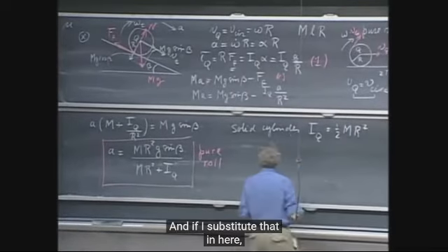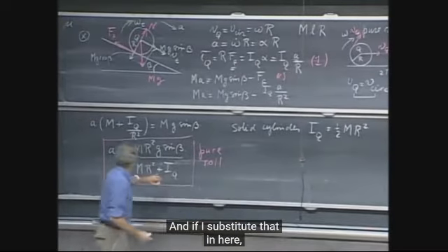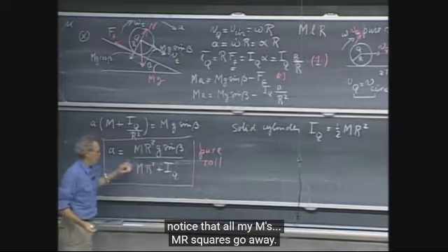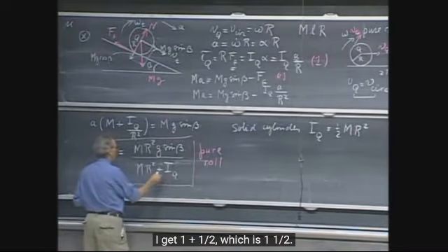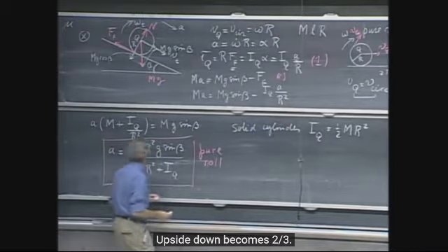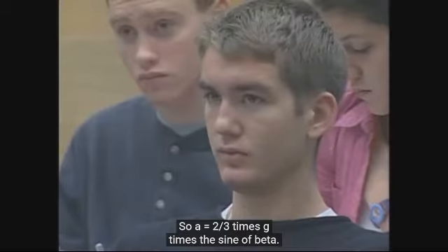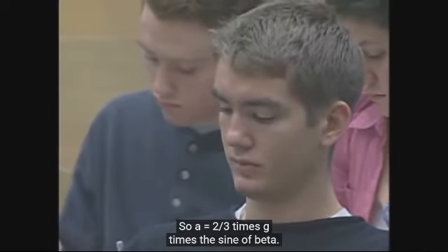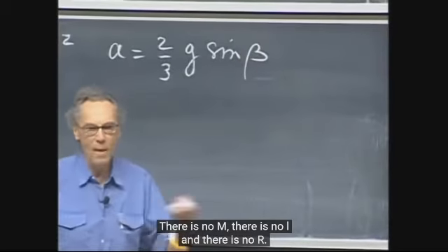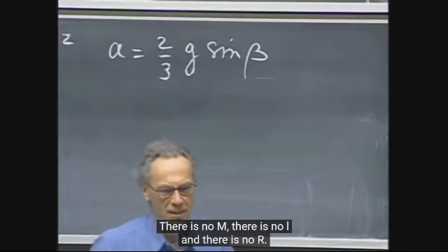And if I substitute that in here, notice that all my mr squares go away. I get 1 plus 1/2, which is 1.5, upside down becomes 2/3. So A equals 2/3 times g times the sine of beta. There is no M, there is no L, and there is no R.